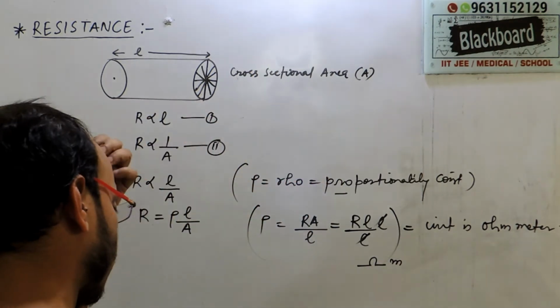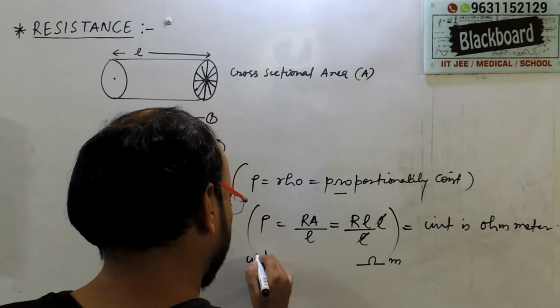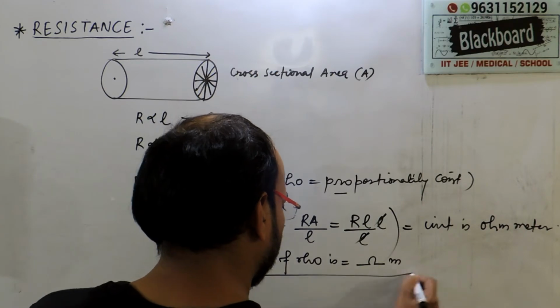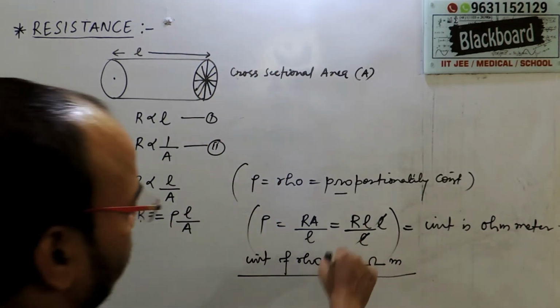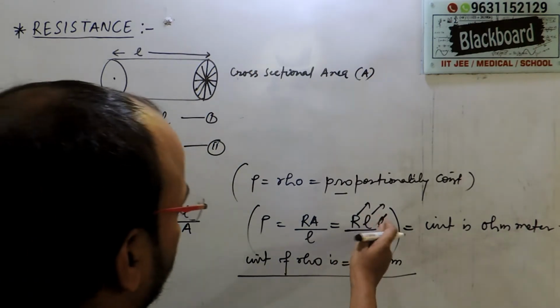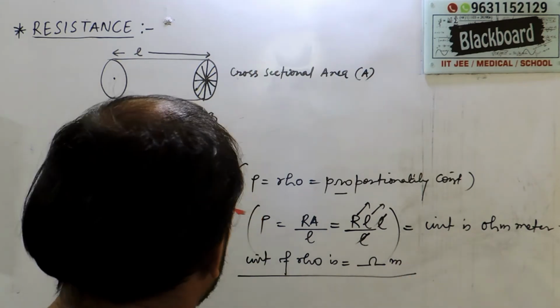This is the resistance, this is the unit of your rho. Unit of rho is ohm meter, and here length cancel, क्योंकि length into breadth या जो भी होगा तो वो आपका एक length ही होगा, एक length cancel हो जाएगा, तो you will get this.